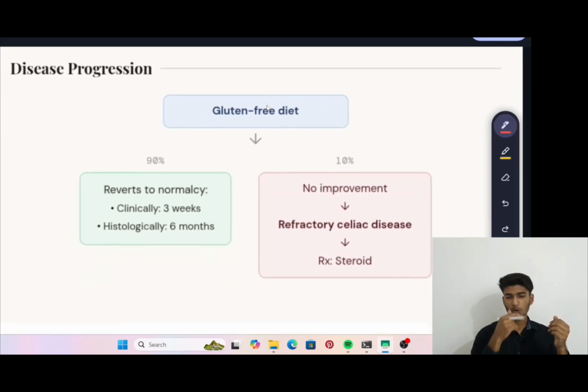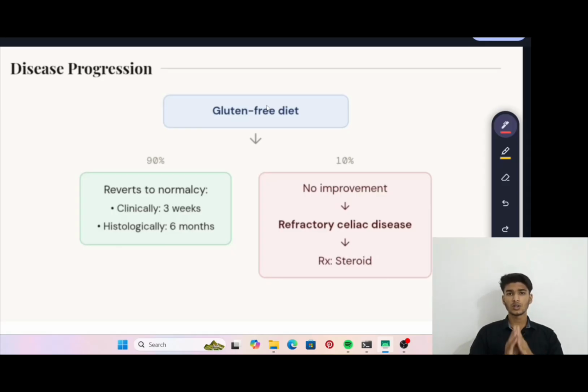Then what is disease progression? A patient came to you, telling you that he is suffering with celiac disease. You will tell him that he's suffering with celiac disease after a lot of tests, after a diagnostic test. And now you know for sure that he's suffering with celiac disease. What will be your first response? You will stop the gluten present in his diet.